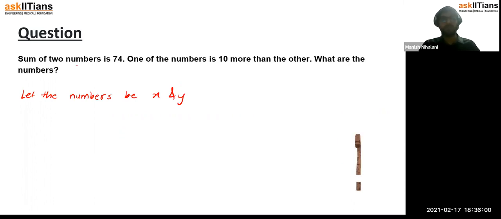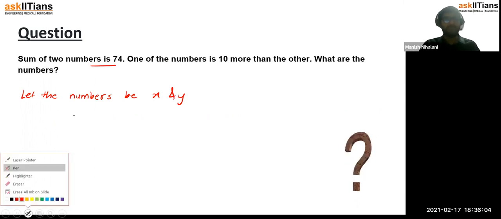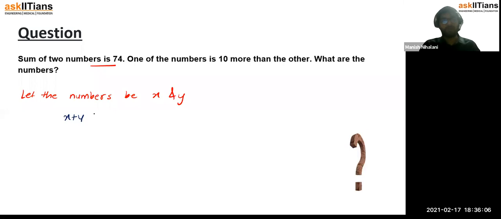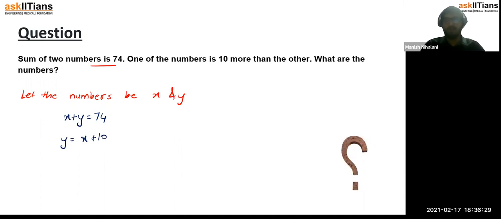Since it says sum of numbers, you can clearly say that x plus y is equal to 74. One of the numbers is 10 more than the other, which means you can say x plus 10 is equal to y. Basically y is 10 more than x.